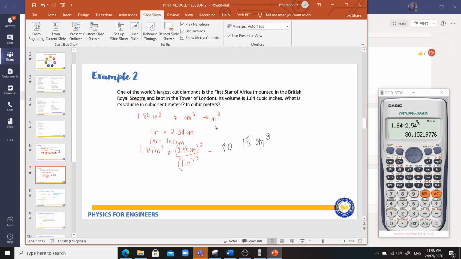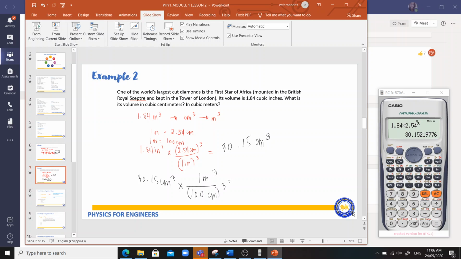So, 30.15 centimeter cube, multiply naman natin para ma-convert siya into meters. Kailangan makancel si centimeter cube, so ibababa natin. Cube natin kasi naka-cube siya. So, 1 meter cube.